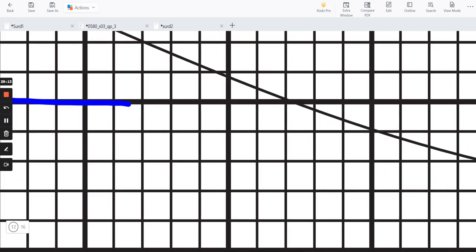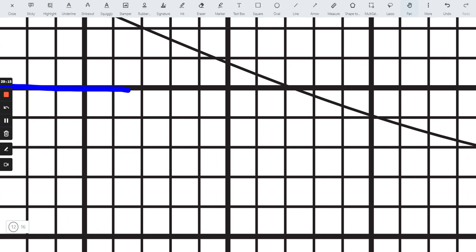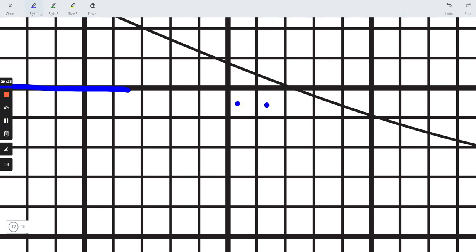We have this square here, and if you continue drawing the line, it cuts at this point, almost halfway in this square.